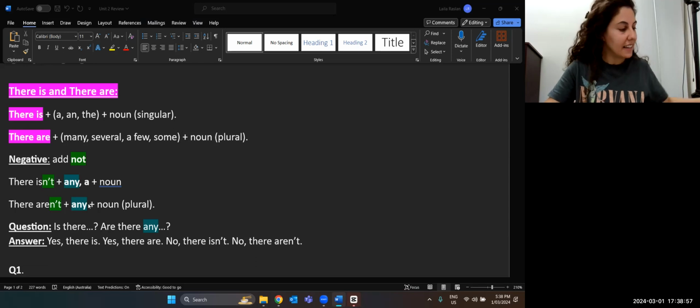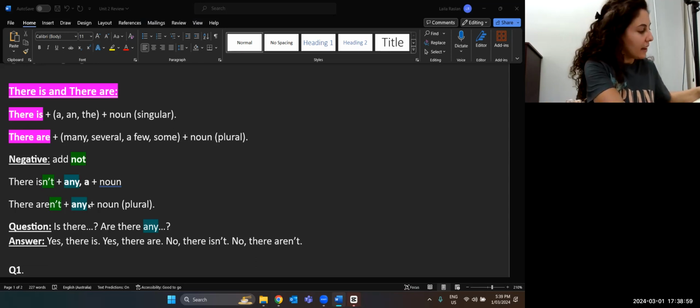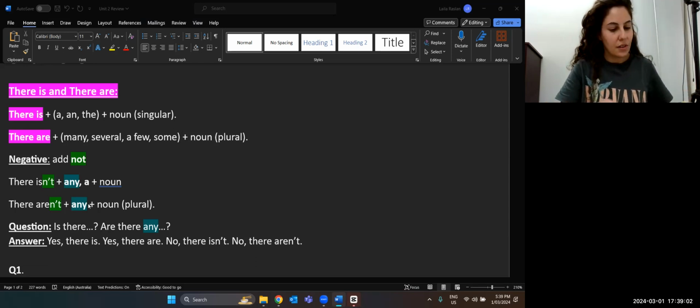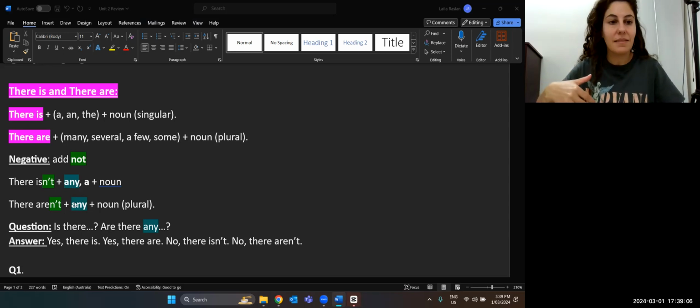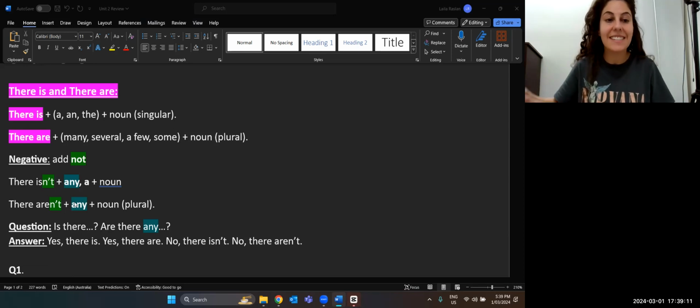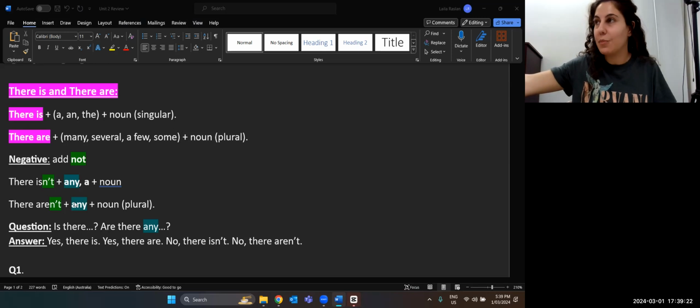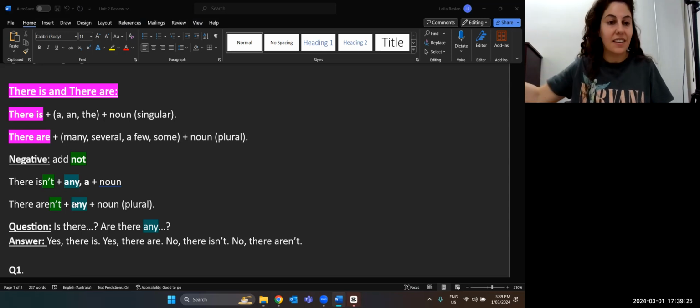You could see any is used in a negative way. I only can say any when I'm saying there's nothing, that noun is not there. There isn't any flowers in this room. There isn't any chairs. Imagine if there was no chairs because everybody's sitting down. There's no free chairs. There isn't any chair. So that's when we need to use any in negatives.